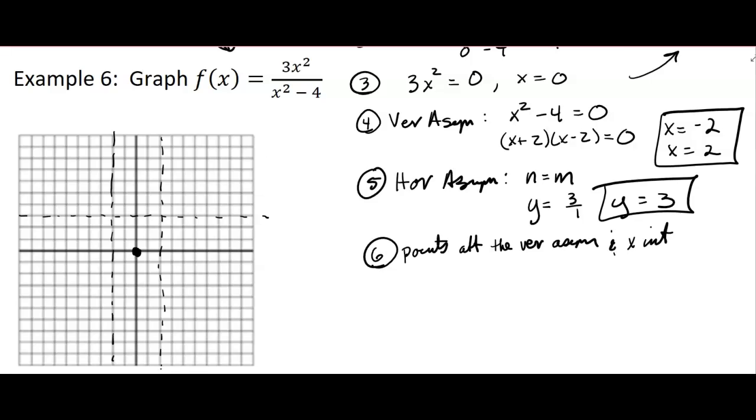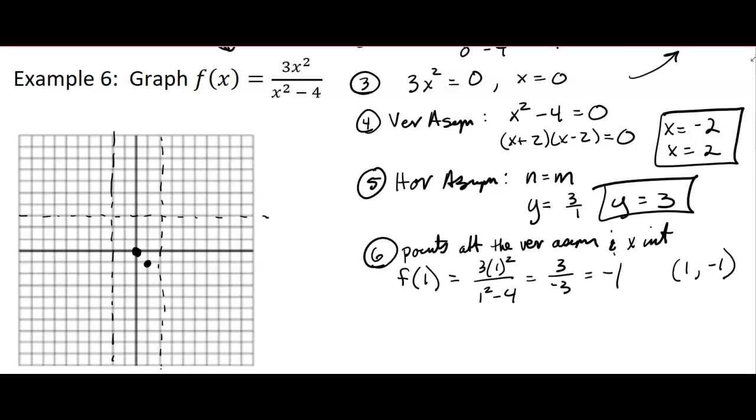So let's find f of 1. So let's just plug in 1. 3 times 1 squared over 1 squared minus 4. That's going to give me a 3 in the numerator, a negative 3 in the denominator, and I'm getting a negative 1. That is an ordered pair, 1, negative 1. Okay, so I kind of did that fast, but hopefully you paused the video or something. Anyway, that is a point.